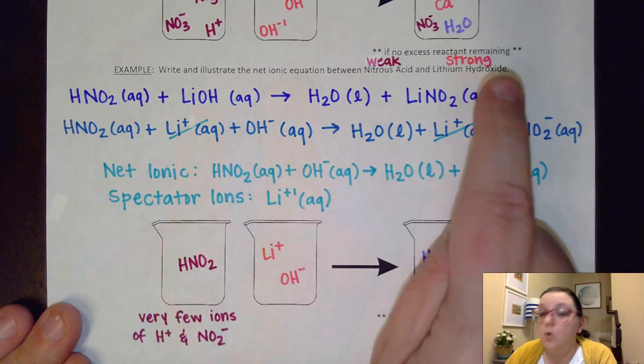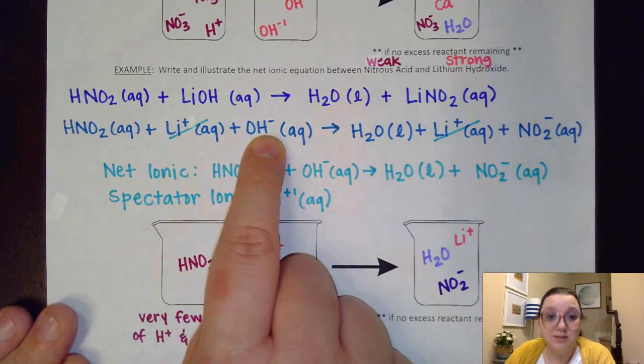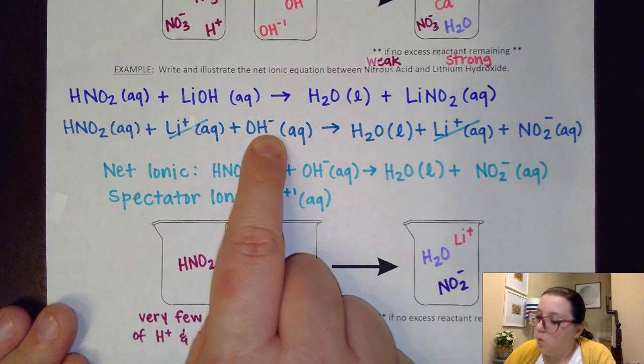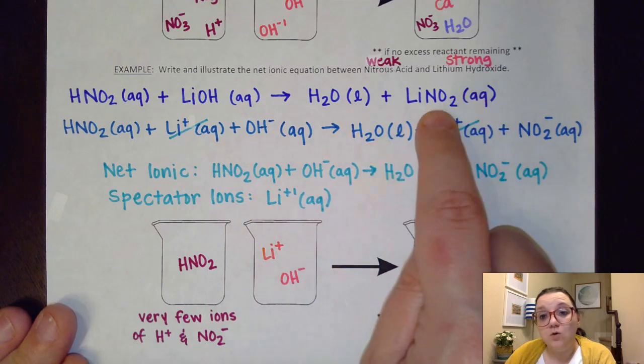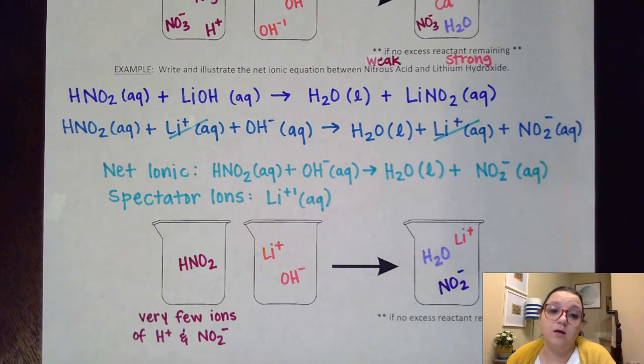Now, lithium hydroxide was a strong base, so that would get split apart because, again, 100% of it is going to dissociate into ions. Water gets left together because it's a pure liquid. Our LiNO2, our salt that we made, is going to dissolve into ions because it was a soluble ionic compound.